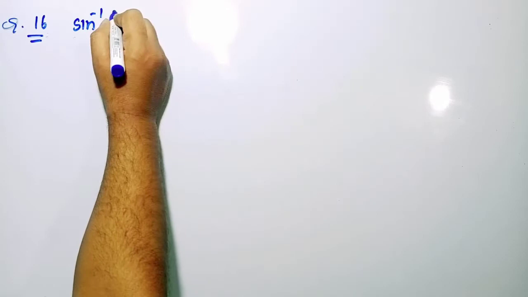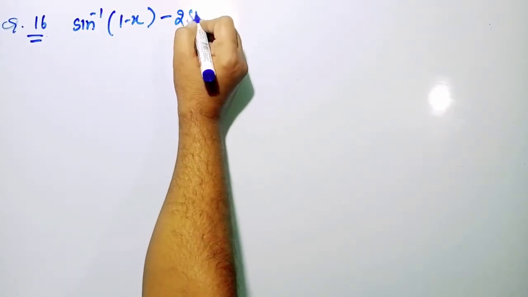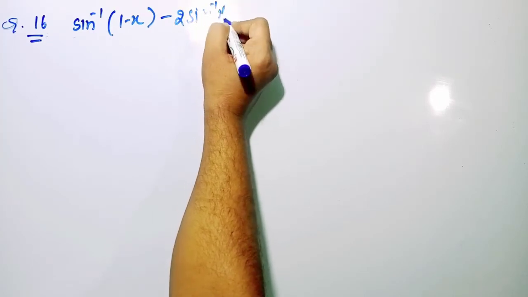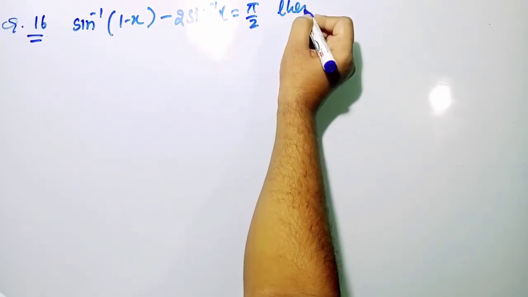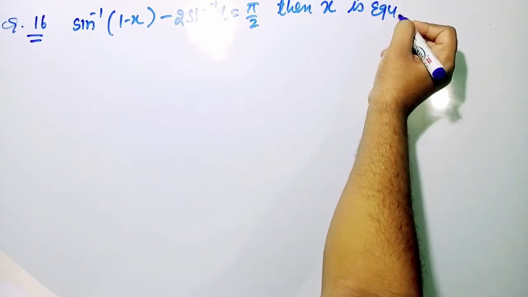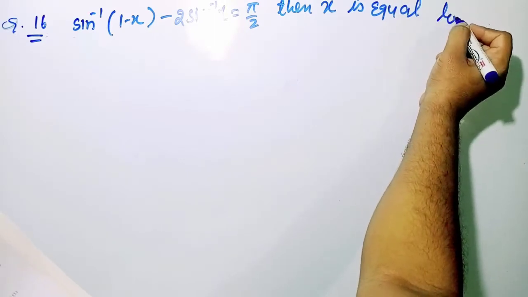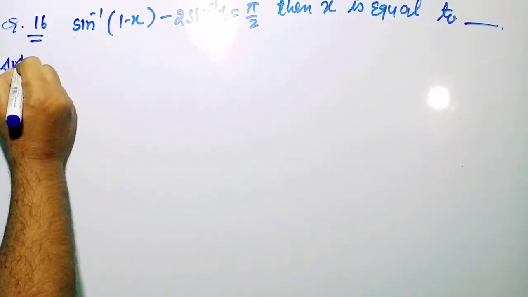Now students, moving to the next question, number 16. Sin inverse (1 minus x) minus 2 sin inverse x is equal to pi by 2. Then x is equal to dash. It means students, here we have to find out the value of x, right?